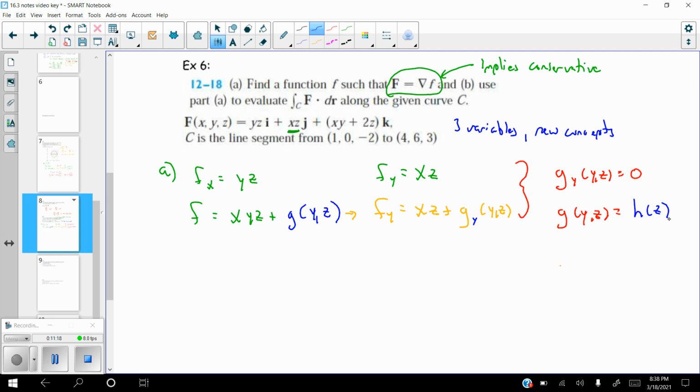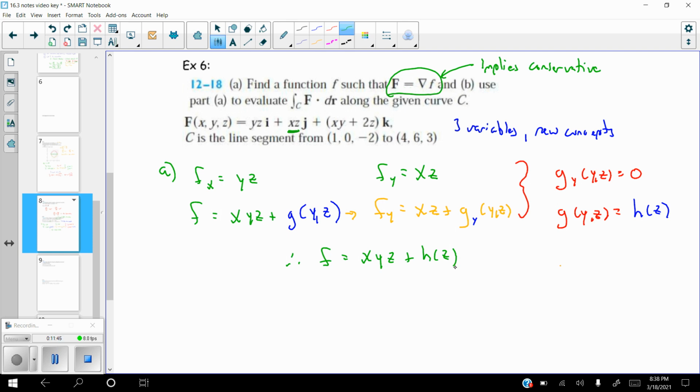So that's a new concept. Now we're going to put that stuff back together. So that's not really a new concept, so therefore f so far, because we haven't finished it, f is going to be xyz plus our g of y,z, which right now is h of z.